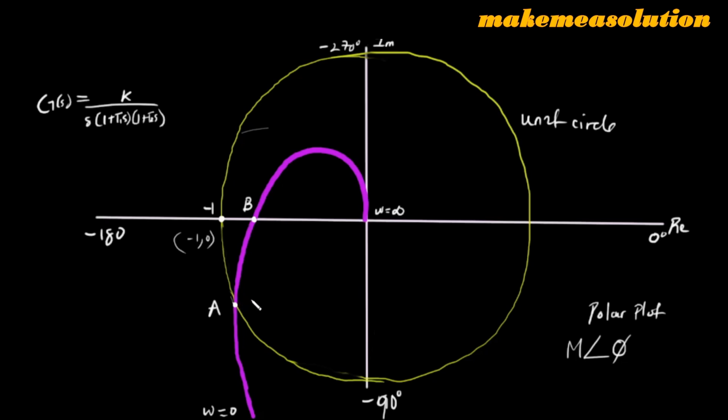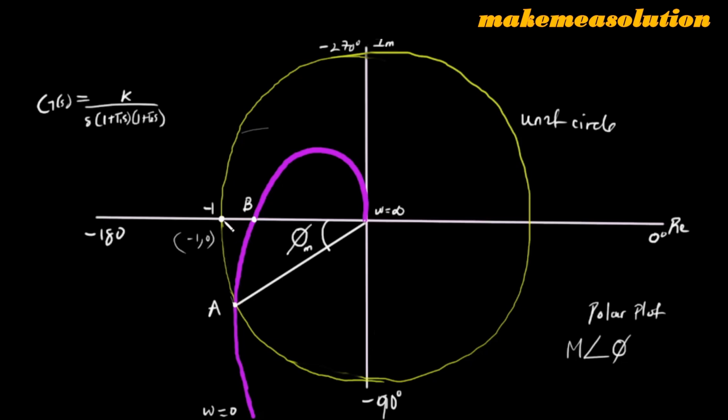Now, the angular sweep can be gotten when you join this line to the center. Remember, this is a unit magnitude. From here to here is 1. So the angular sweep is what we call our phase margin, phi m. That is the angular sweep that is necessary to take the system to instability.